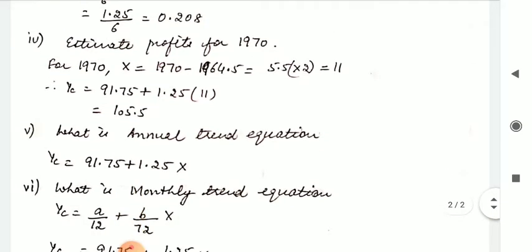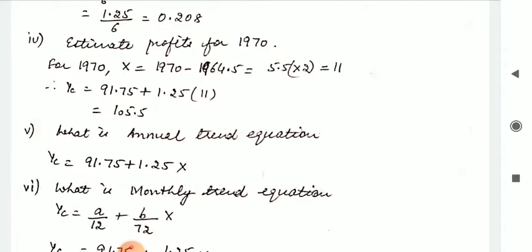After that, if you want to estimate profits for any year like 1970, so for 1970 the value of x will be equal to 1970 minus year of origin 1964.5 is equal to 5.5, but you remember we multiplied that x by 2 and we wrote it as deviations multiplied by 2.